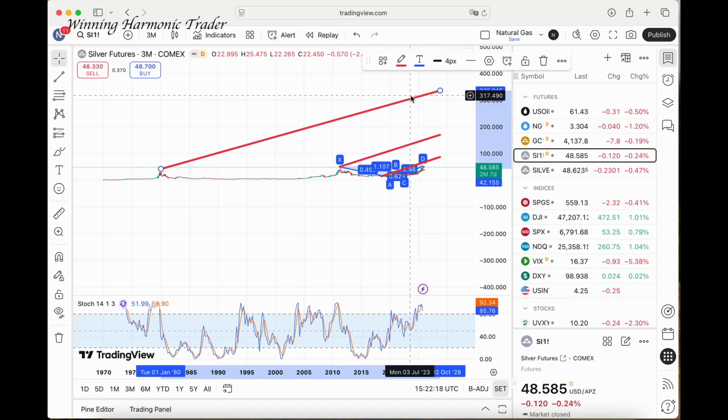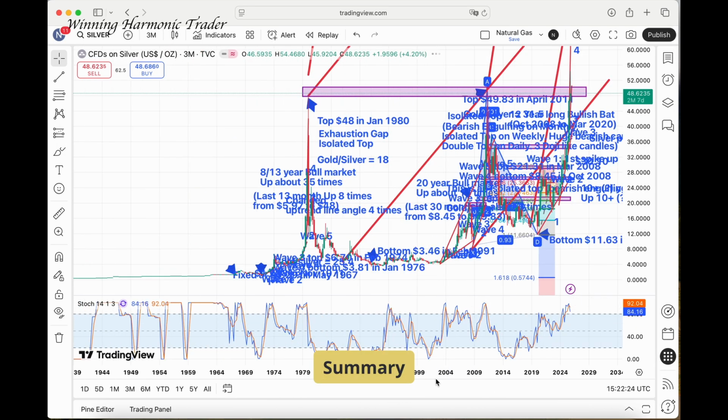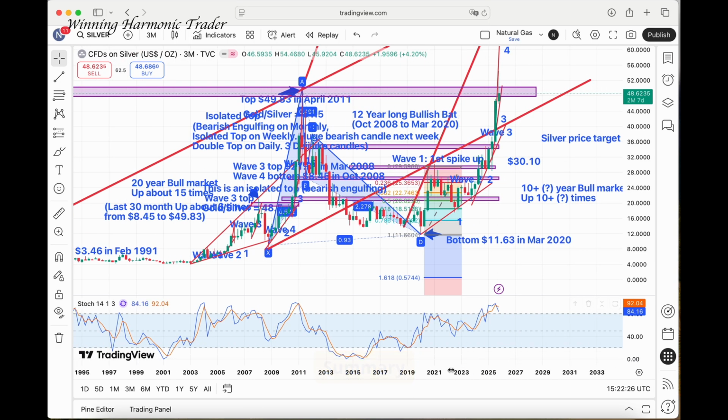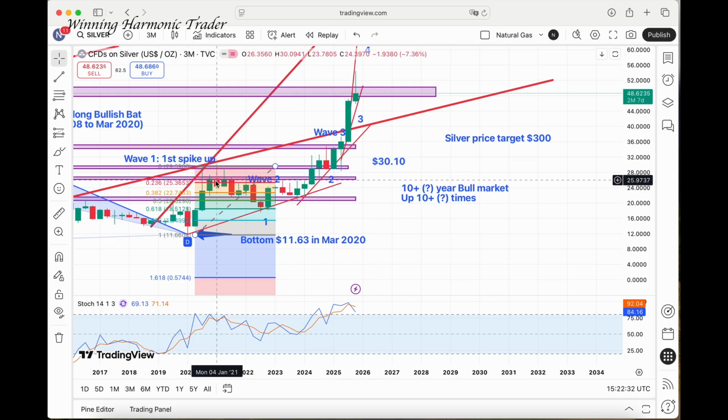Okay, so in summary, the down move is coming. I think it's wave 4 and it may stop before the B point, right? $30.09.